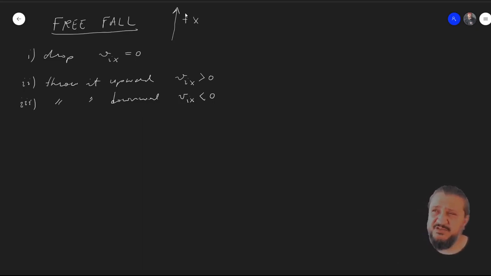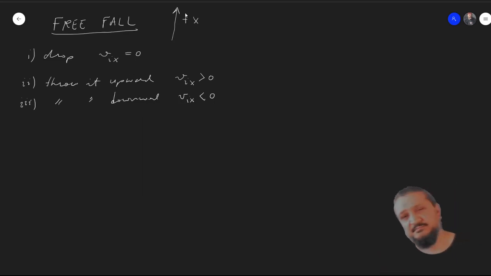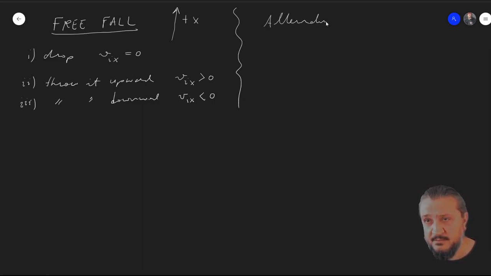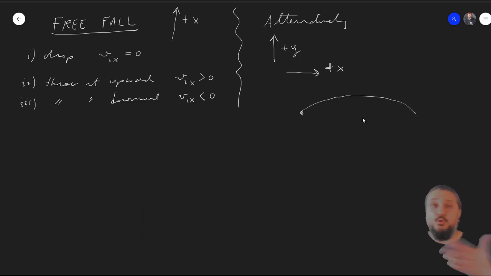So it's customary to pick the horizontal as x and vertical as y. Okay, so let's say alternatively pick the up direction as y as usual, and then horizontal will be on the x. Okay, so this is the case when you throw an object, both coordinates change.